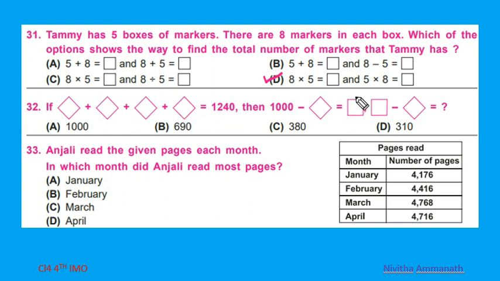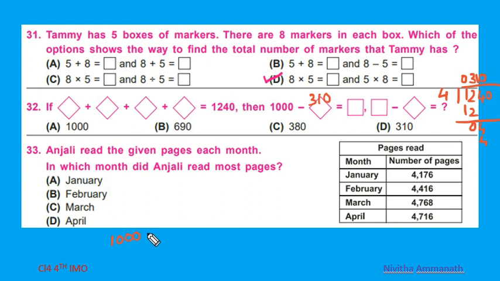So 1 diamond means how much? 1240 divided by 4. 1 is not possible, so 12. 4 3s are 12. Then 0, then 4. 1 4s are 4. Then also 0. 310. So diamond means 310.